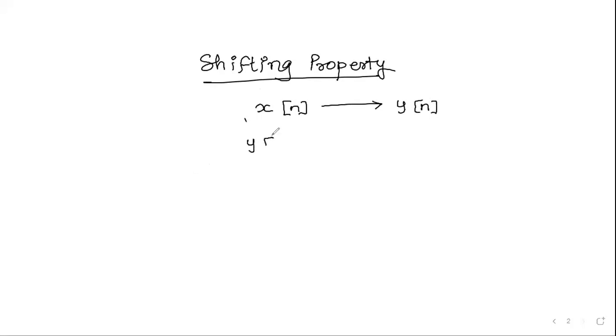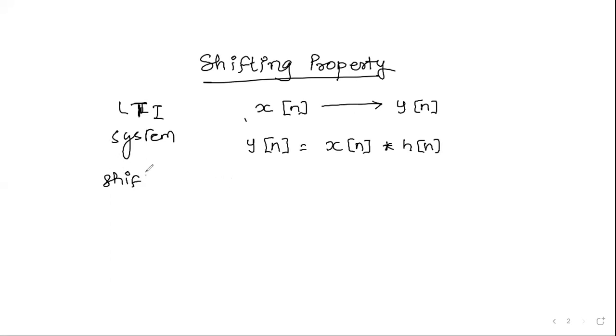So y of n is equal to x of n convolved with h of n. Now, because it's an LTI system, remember, it is an LTI system. What is LTI? Linear time invariant, or in case of discrete, we call it linear shift invariant. Okay. It is also known as shift invariant.